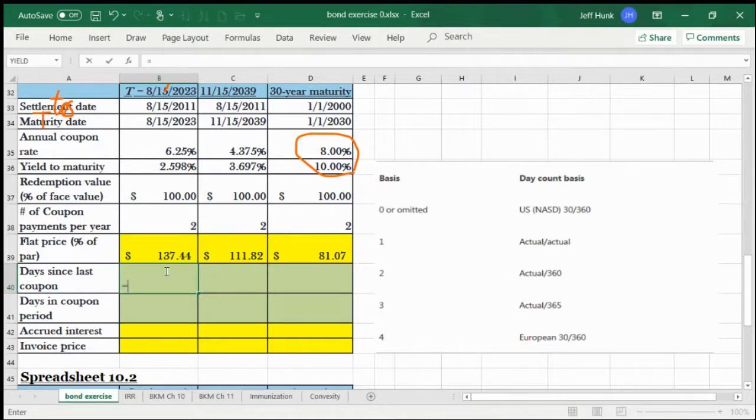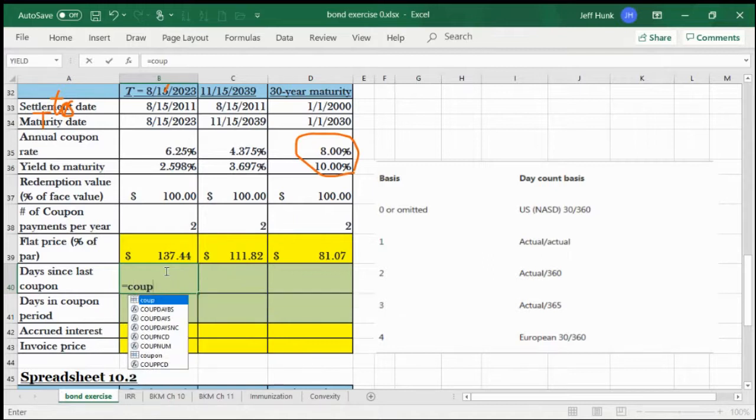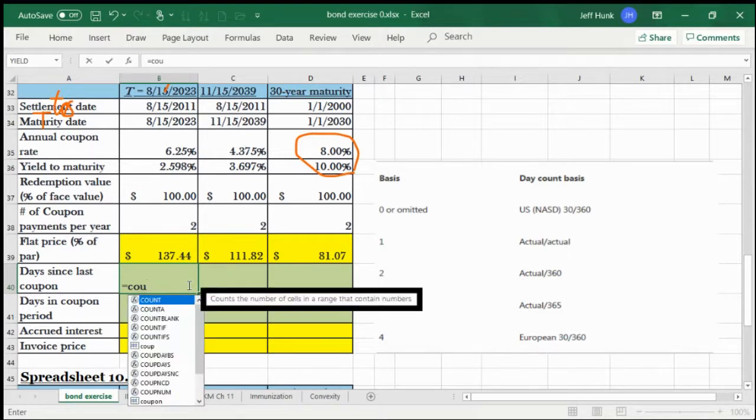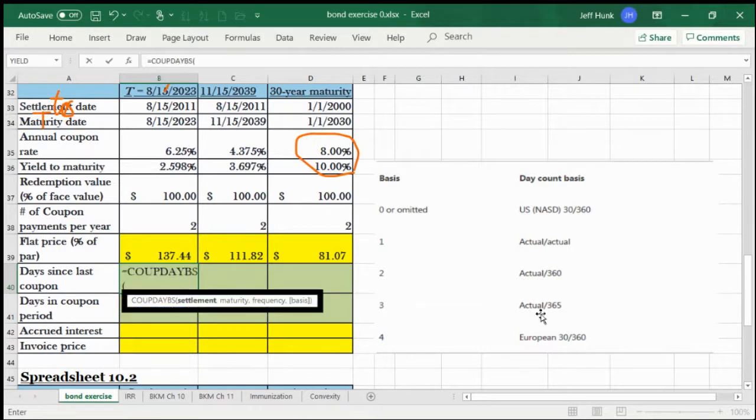so we use coupon base coupon. What is this? Coupon base, right?